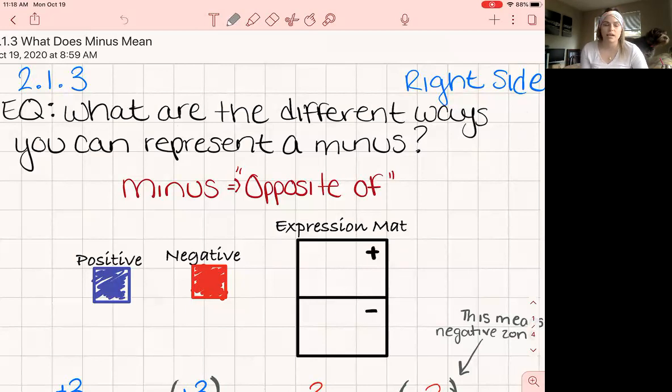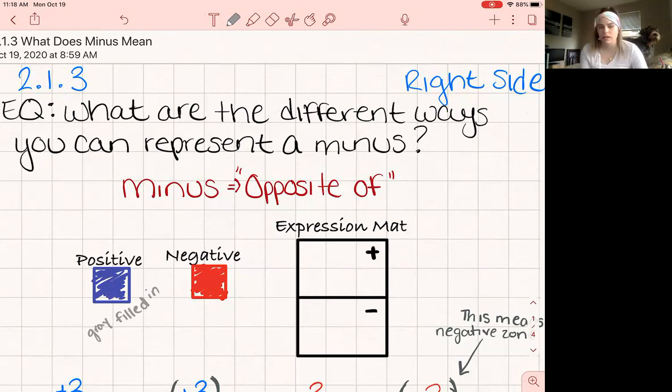I believe for Y tiles, it's purple. XY, it's green. So positive, or if you ever see a tile filled in, meaning it's gray but it's filled in, that's a positive tile.